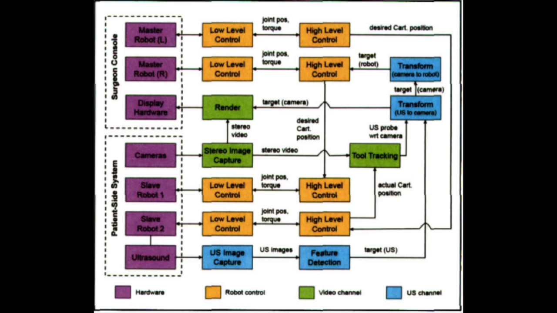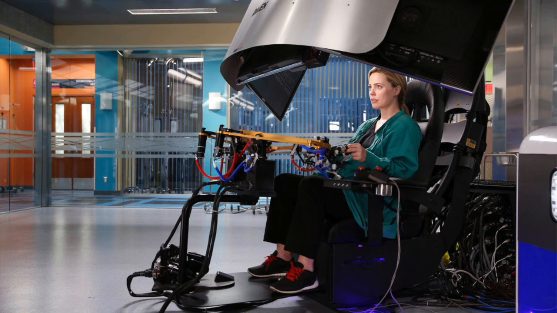So the master robot can tell the slave robot where to move to get a better view, while the slave robot would tell the master robot that one area would be dangerous to go to, or don't move to this position because that would be dangerous for the patient.